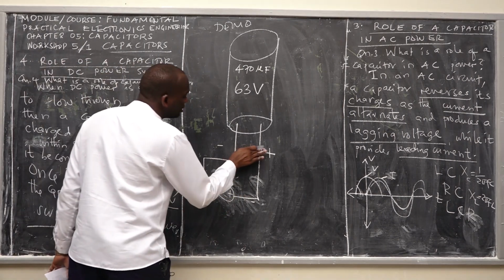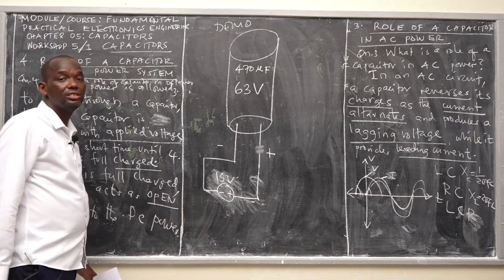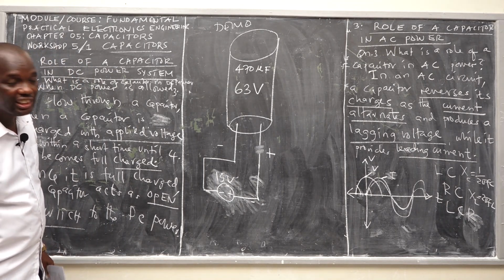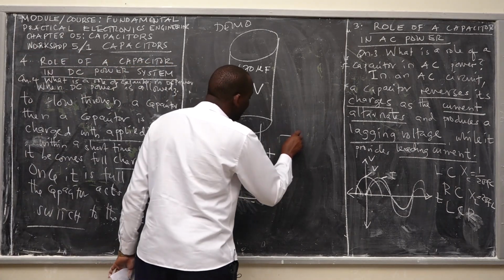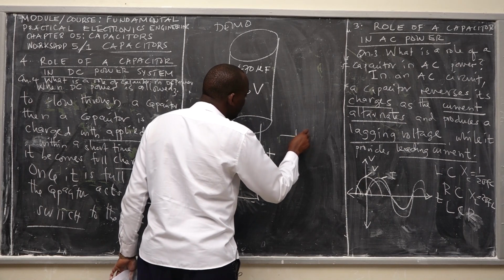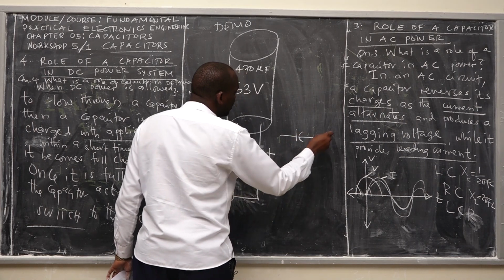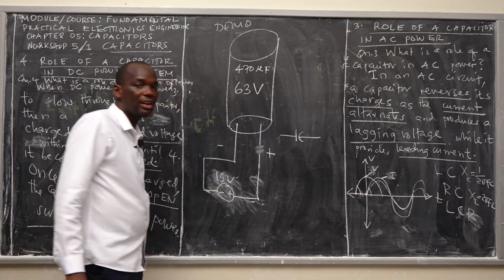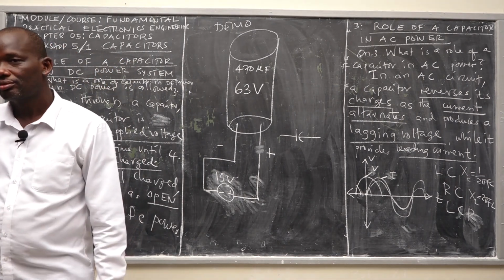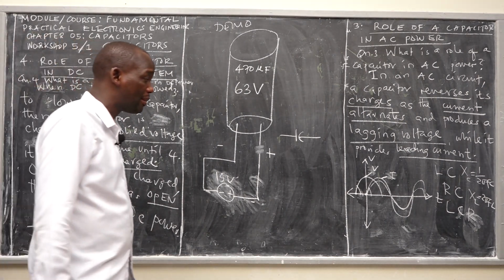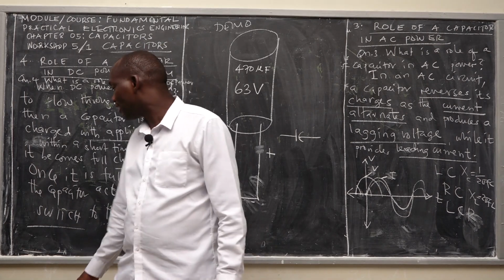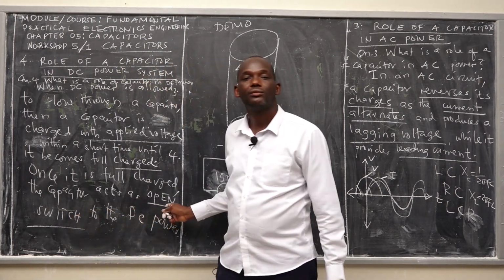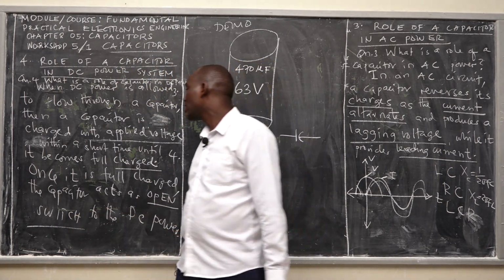Act as open what? That's why we cannot say that with this DC, the DC will be flowing through the capacitor. No. Why? Because once the capacitor is fully charged, the capacitor acts as an open what?